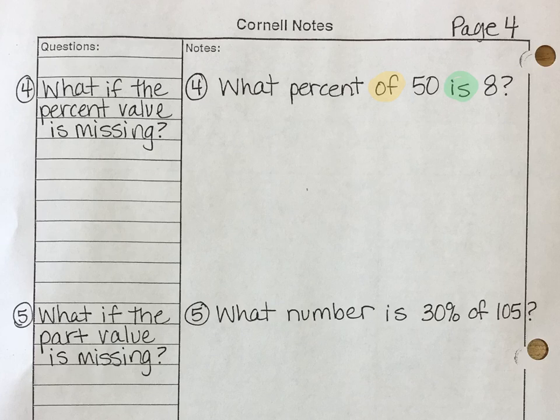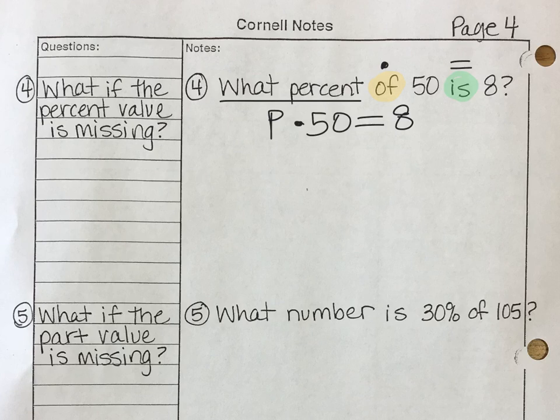So now let's take a look at what we can do to translate this statement. What percent, so that's my P for percent, of 50 is 8. So I've replaced the word of with the multiplication dot, and I've replaced the word is with the equal sign. Again, I have a one-step equation.